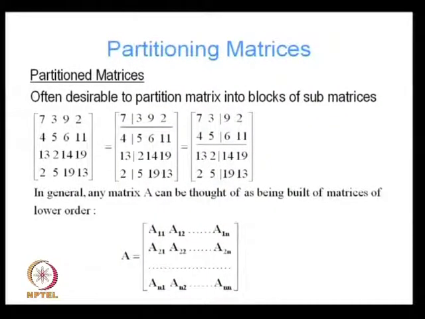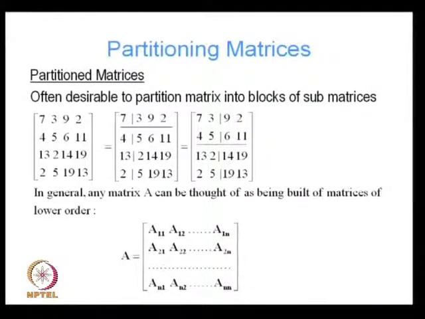Next, the other type of typical matrix that we are going to encounter in the solution of linear systems are partitioned matrices. It is often desirable to partition a matrix into blocks of sub-matrices. In general, any matrix can be thought of as being built of matrices of lower order.